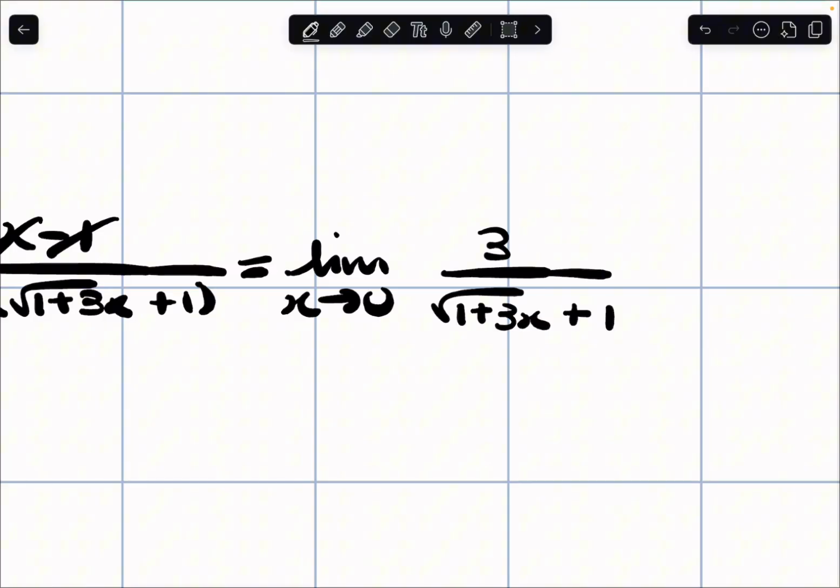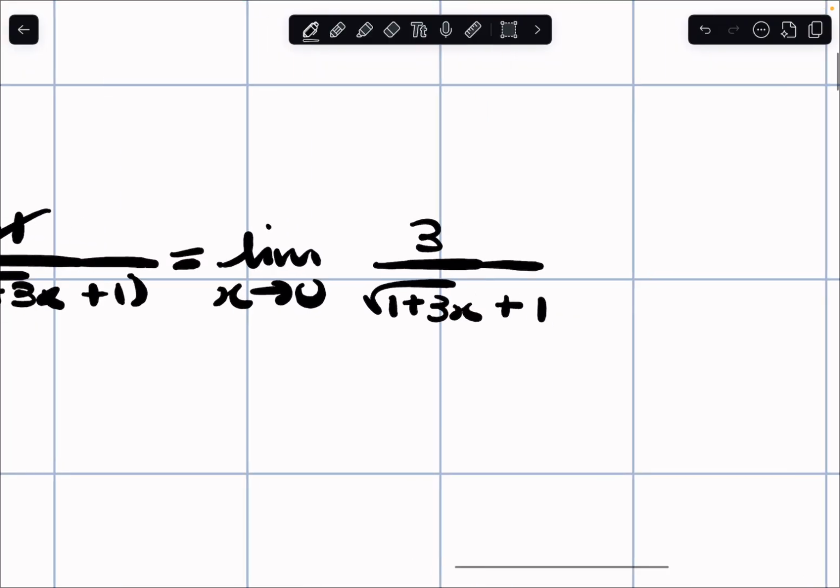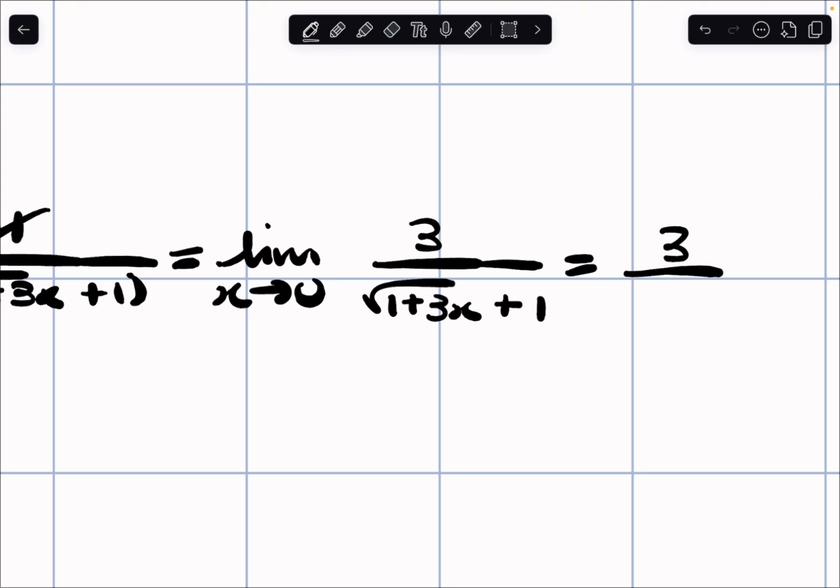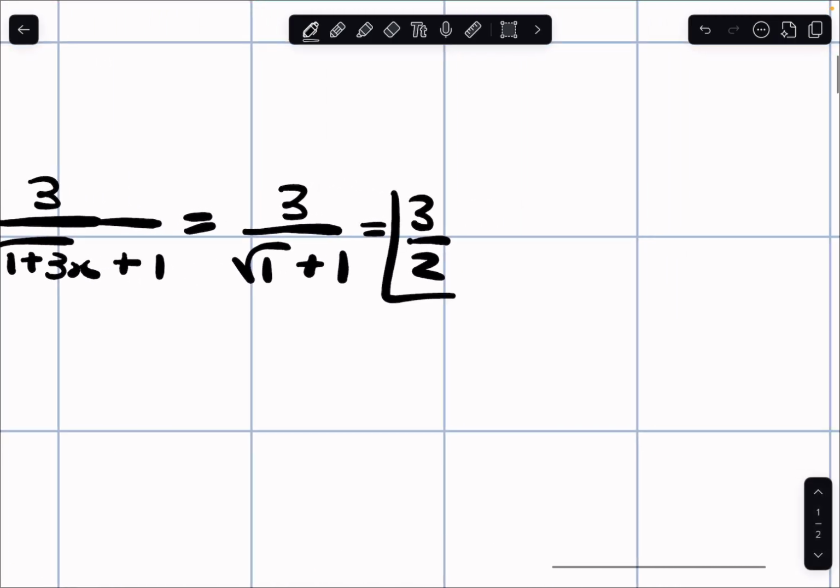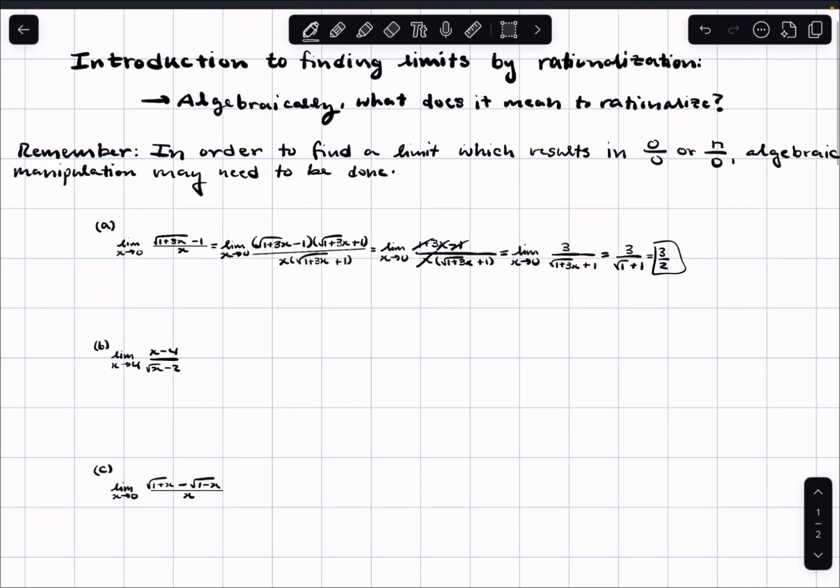And now we can plug in 0 and figure it out. It's going to be 3 over the square root of 1 plus 1, because 3 times 0 is 0, which is equal to 3 over 2, or 1.5. So that is the first way to do it, by rationalization.